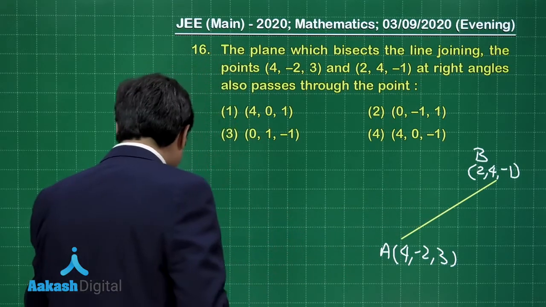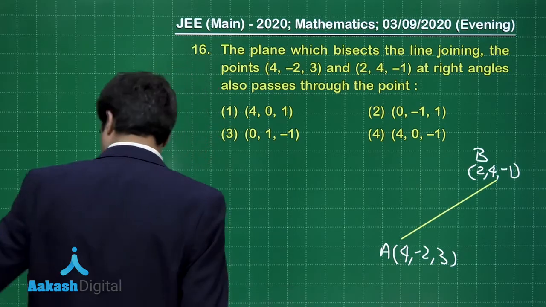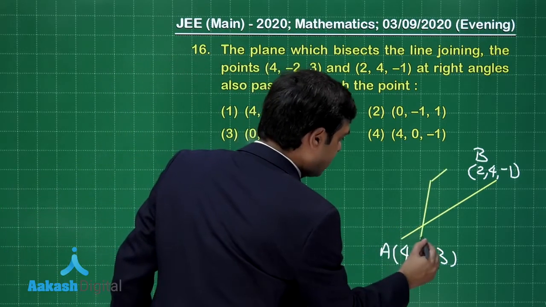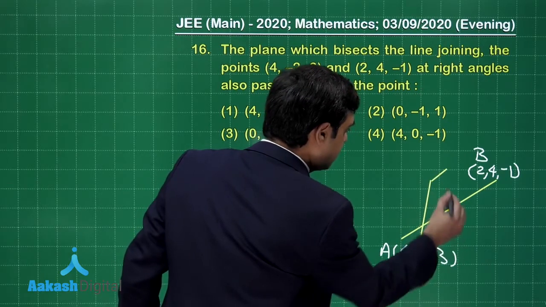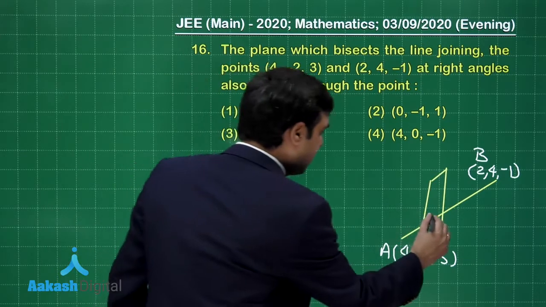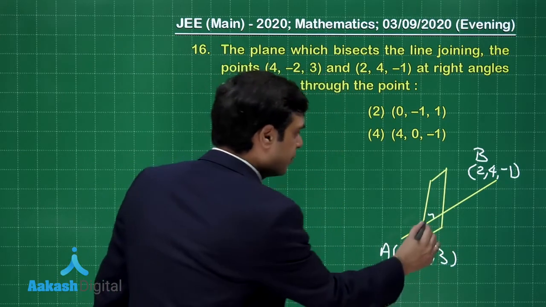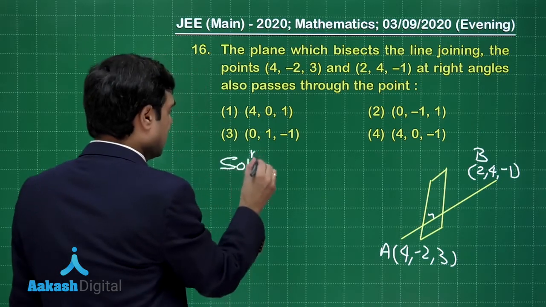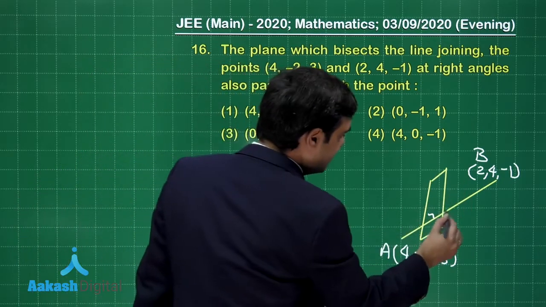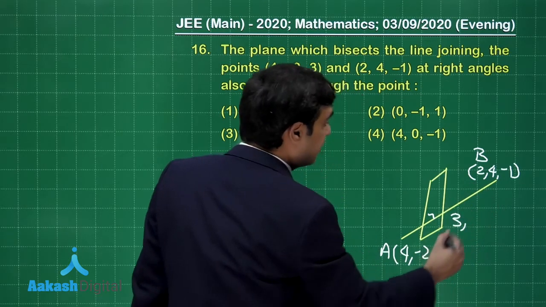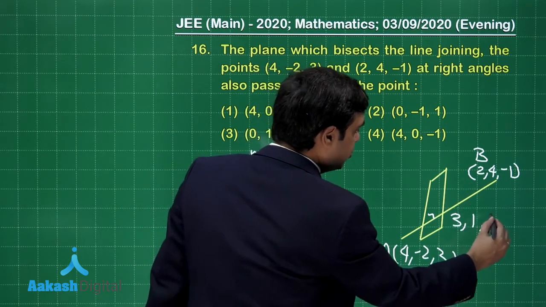All right. So when you talk about, say, plane, that would be cutting like this. Correct? Making right angle at this point. I'm sure this is clear. All right. We can find the midpoint. Let's say it is here. This comes to be 6 by 2, that is 3, 2 by 2, that is 1, 2 by 2, that is 1.